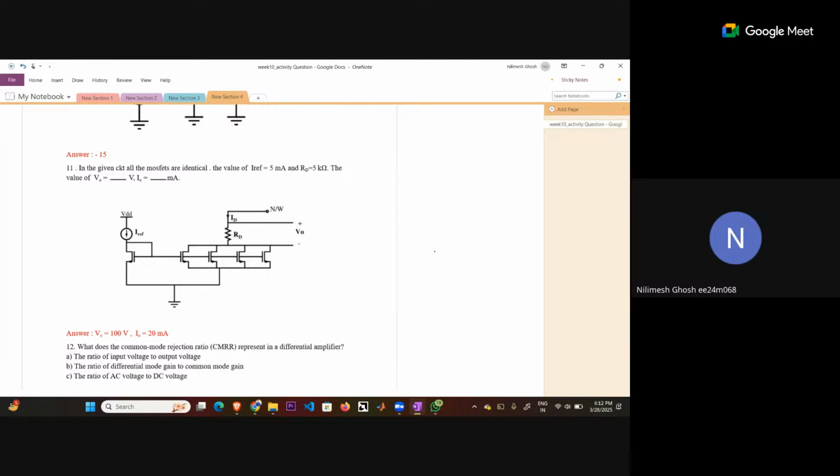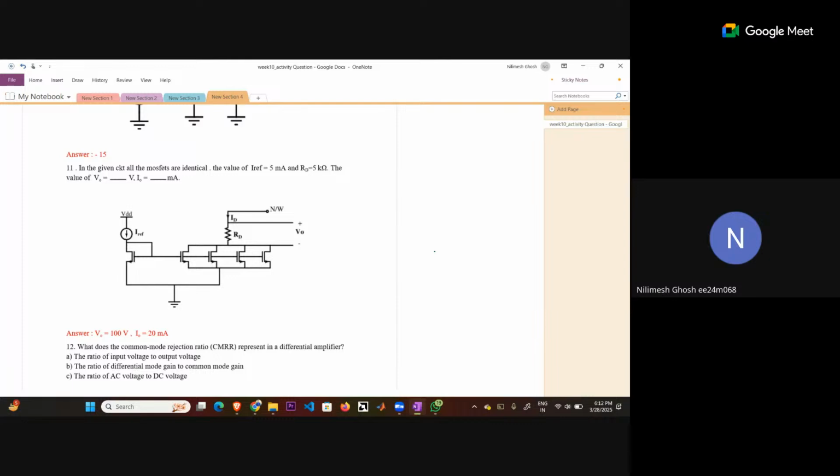But the concept says that it depends upon how much current you are pushing into the reference MOSFET, and that current should be replicated, mirrored through the other MOSFETs multiple times. It may be the same, but it doesn't mean that it should be the same.